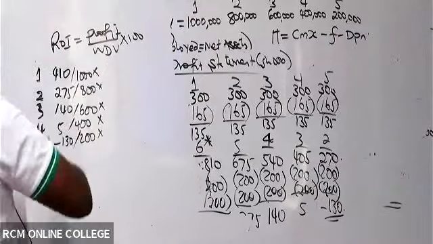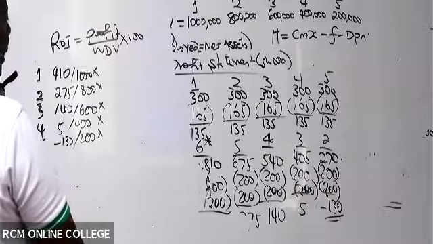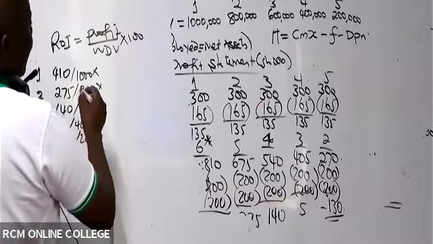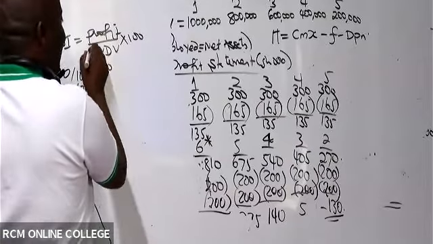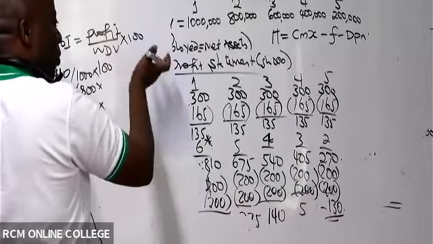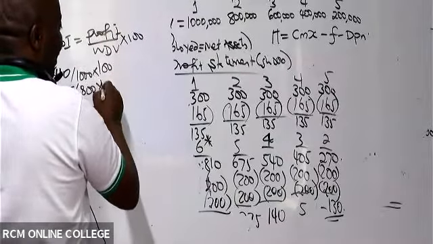Written down value is the same as your capital employed. I'm introducing this because at times the examiner keeps on using them interchangeably.